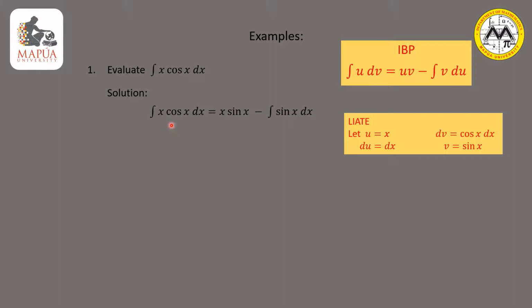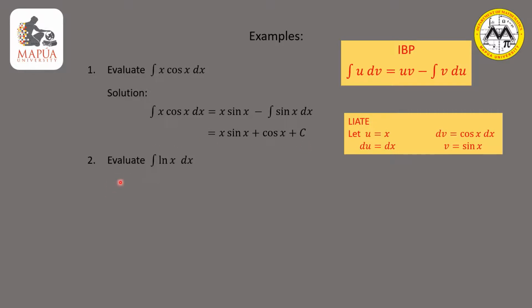That is true in this case because it is easier to evaluate the integral of sine x dx. So, evaluating the integral of sine x dx, the integral of x cosine x dx will just result in x sine x plus cosine x plus c.